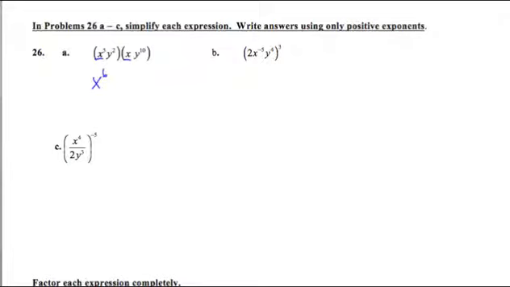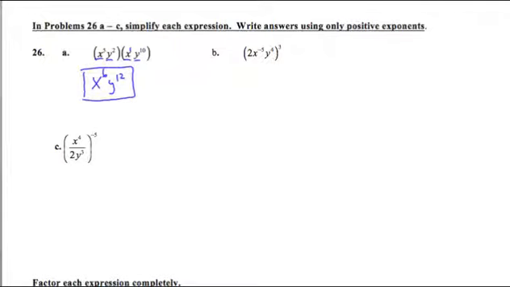Now remember, if I take a base times itself again, all we need to do is add the exponents. That's the shortcut. And it's understood that there's a 1, x to the 1st power. So x to the 5th and then x to the 1st, adding those together gives us x to the 6th. Same thing here. For y, I have 2 factors of y here and 10, so altogether I have 12 factors of y being multiplied.